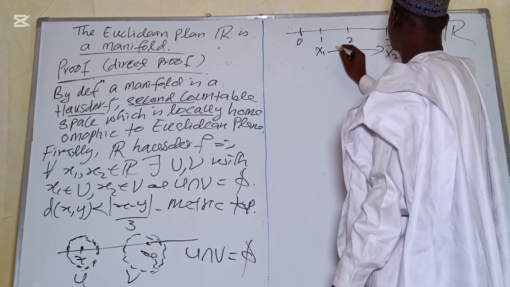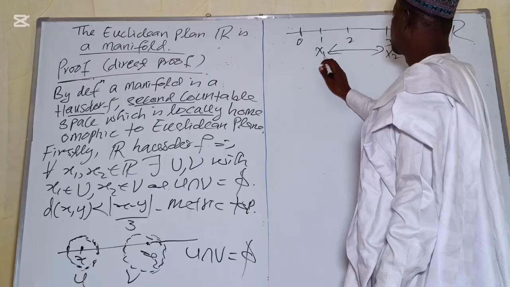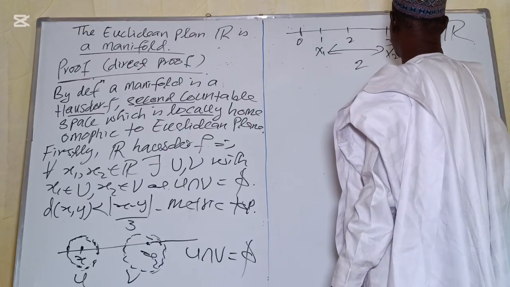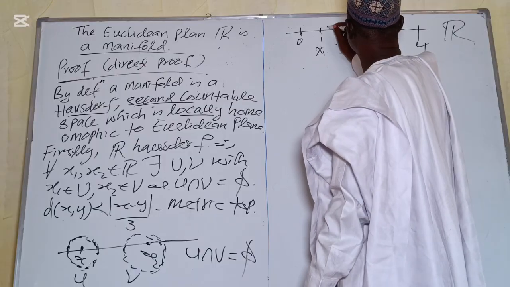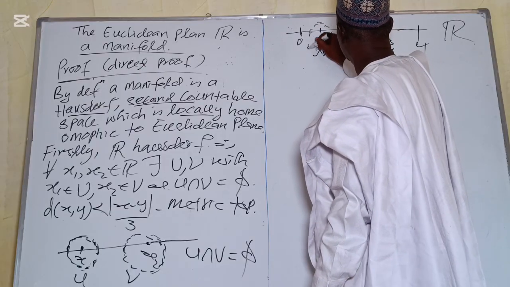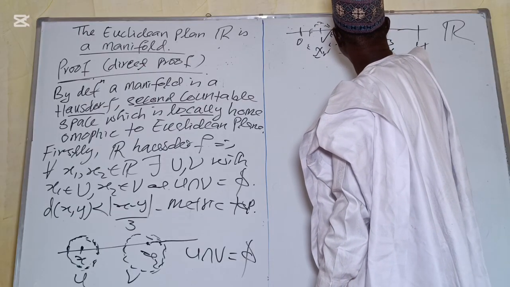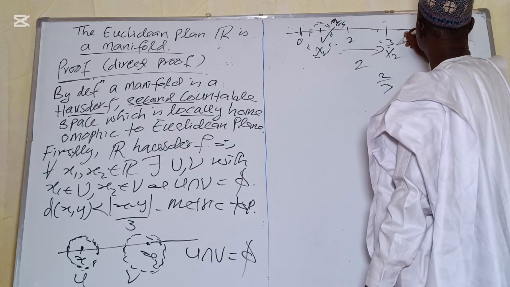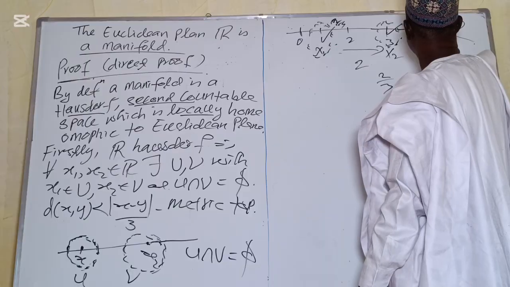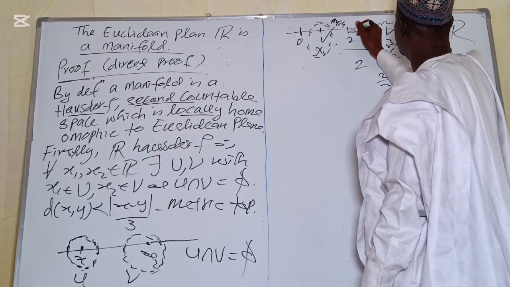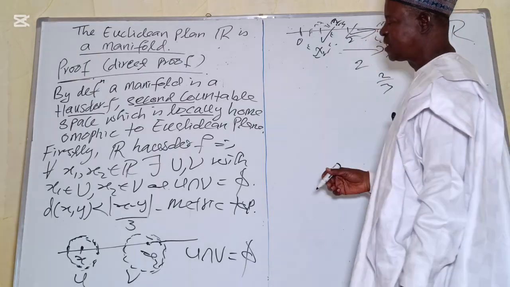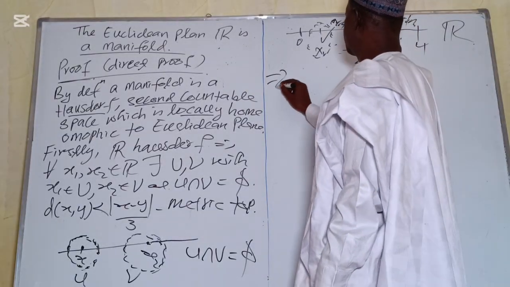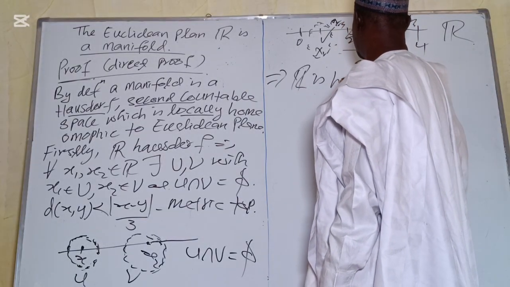The distance between 3 and 1 is 2, but 2 over 3 will be something very small. So I form a ball around 1 with radius 2 over 3. I also form another ball around 3 with radius 2 over 3. You will find out they will never meet. So that means R is Hausdorff.